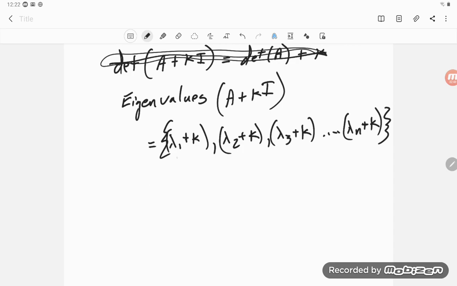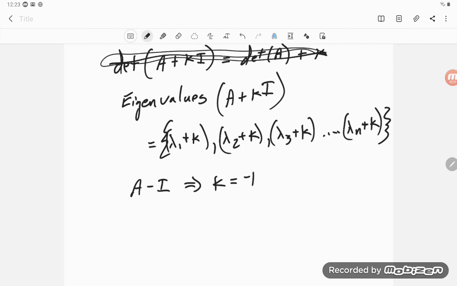So then if I'm looking at A minus I, in this case, k is equal to -1. And so one of the eigenvalues of A minus I then happens to be 0 because one of the eigenvalues of A was 1.